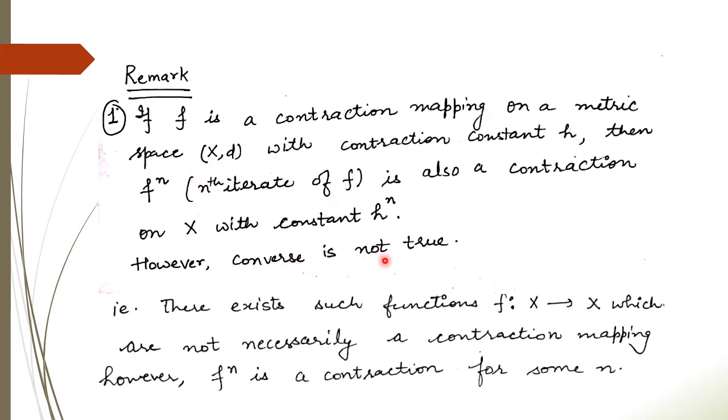However, the converse is not true. There exist functions going from X to X which are not necessarily contraction mappings, however the nth iterate of f is a contraction for some n. It means f to the power n may be contractive, however f is not.